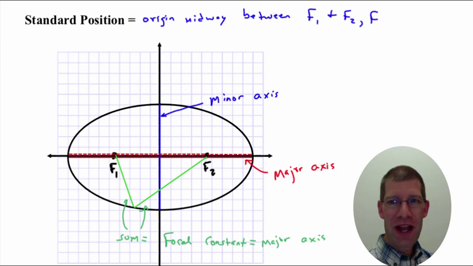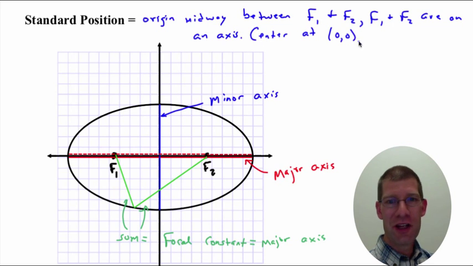Also, F1 and F2 are on an axis. Could be on the x-axis, could be on the y-axis. You could also, if you wanted to, say center at the origin or center at 0, 0.